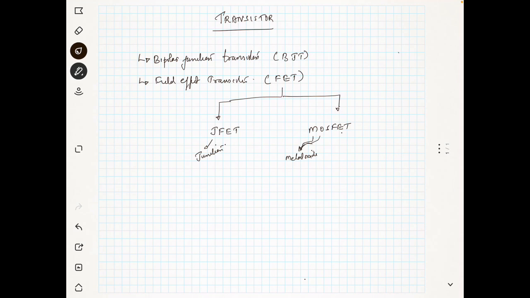But in this course we will deal mainly with the BJT. You will study this in detail in Electronic Circuits 1. So we will first talk about the BJT.